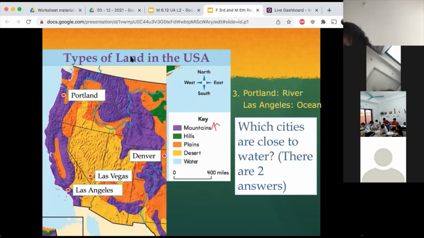And hills would be this symbol. And plains would be this symbol. Maybe the desert symbol could be a cactus. And water might be this symbol. Right? We can use symbols instead.